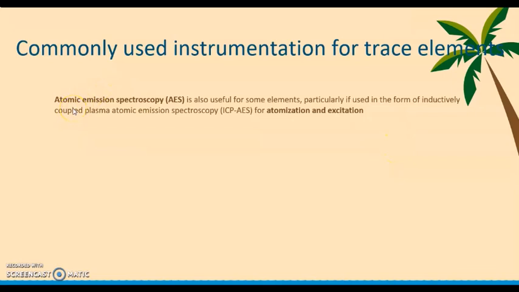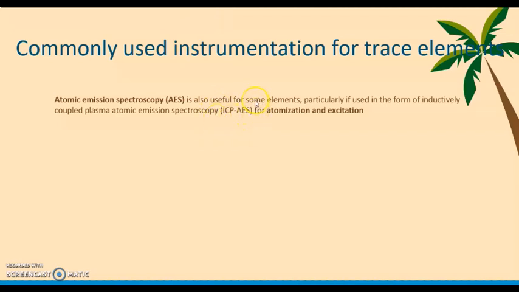There are also other methods such as we have the atomic emission spectroscopy. So, sa atomic emission spectroscopy, madalas po ginagamit po ito kasabay ng ating pong tinatawag na inductively coupled plasma atomic emission spectroscopy. So, pag minsan, makikita po natin ito sa mga test po natin o sa mga instruments that are used to determine the presence of the trace element.